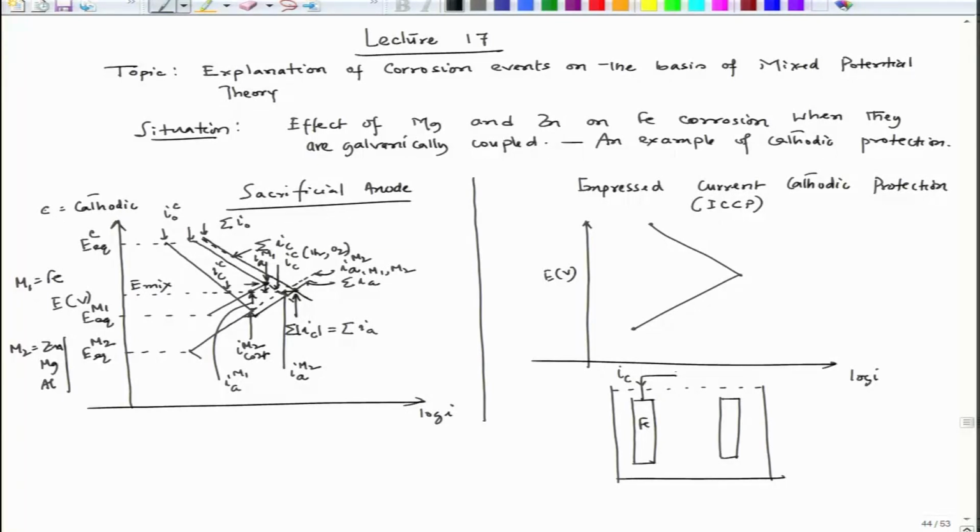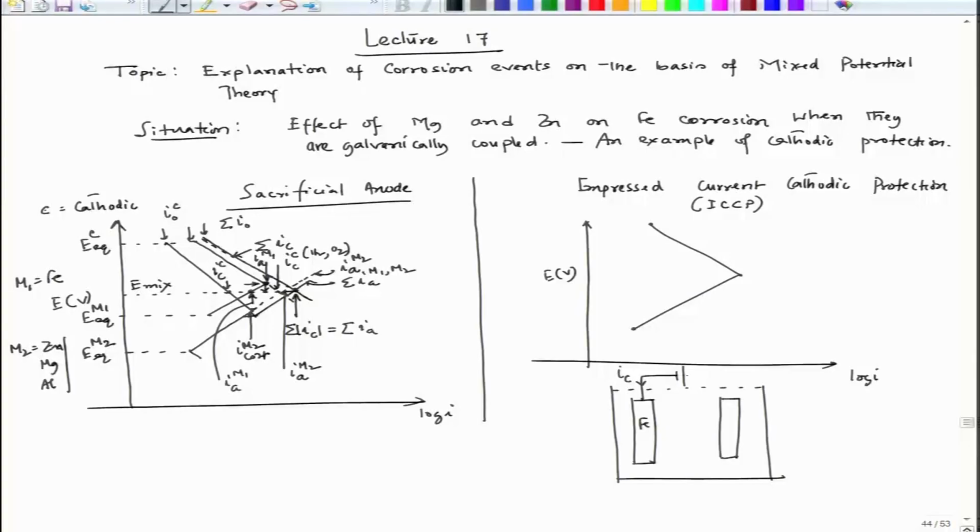So, I have to connect it to a cell which is supplying a DC current to the system, and then that circuit is to be complete. Since here we do not have a dissolving metal which will sacrifice itself and protect the iron piece, here we are having an electrode which will be acting as an auxiliary anode.